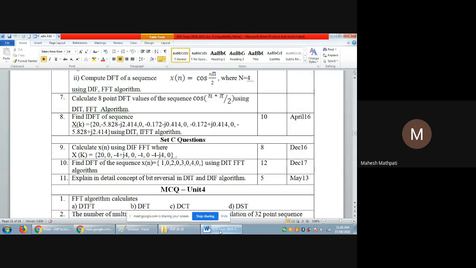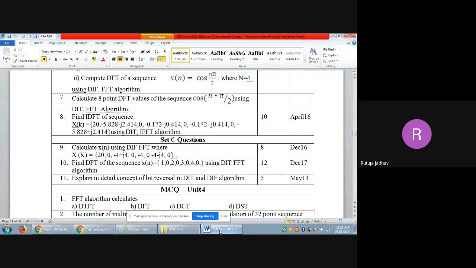Okay, your x of n will not come directly here without the IDFT. What is the problem when solving a normal DIF FFT? So why do we have to go for the IDFT? Rutuja, are you getting my question? Yes sir.